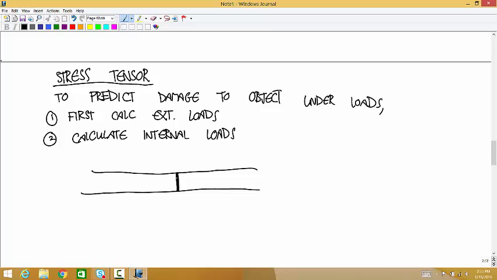Maybe it's more likely that a fracture would start at the center of the beam. Maybe it's more likely that it would start at the top or the bottom, and we can't make those distinctions with internal loads. So we'd like to have a more detailed definition, a more detailed quantity that would let us differentiate between the different points in the cross section.